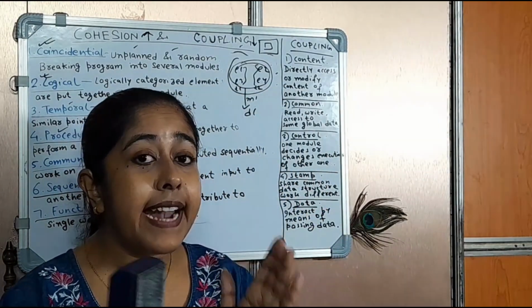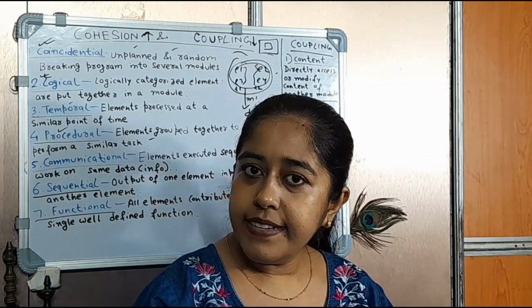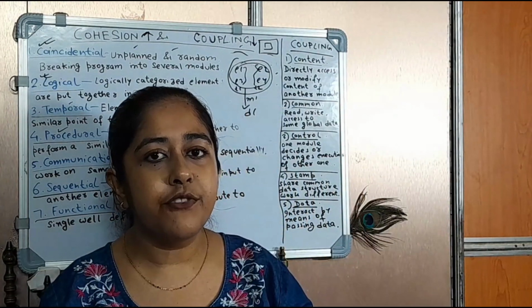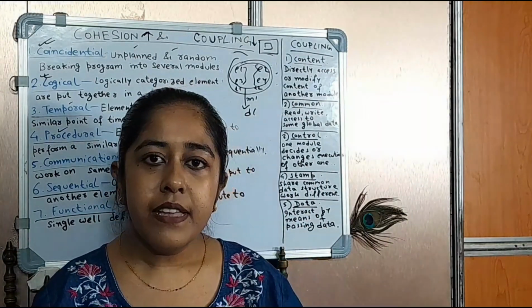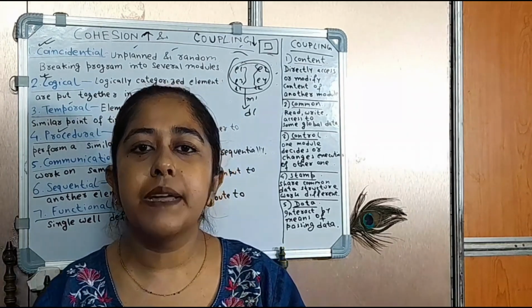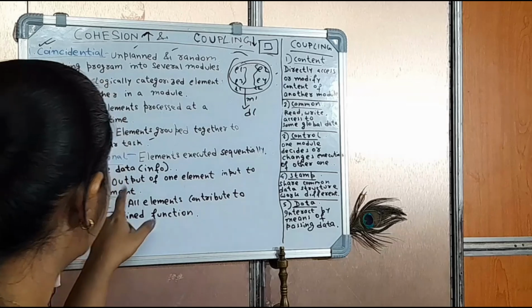If they are doing the same task, that is our procedural cohesion. But here maybe they are doing different tasks, but working on the same data. Someone is inserting the data, someone is deleting the data, but working on the same type of data. That is our communicational cohesion.